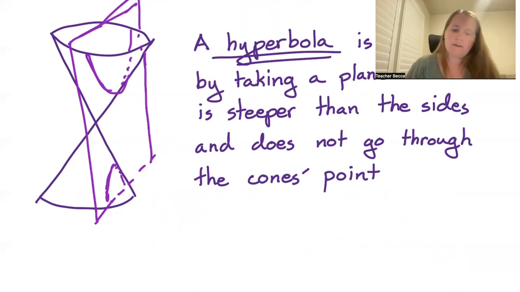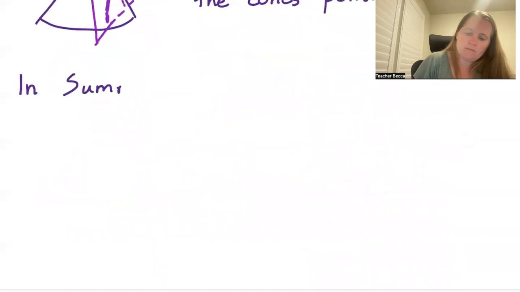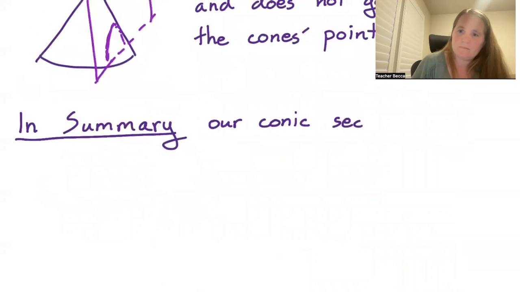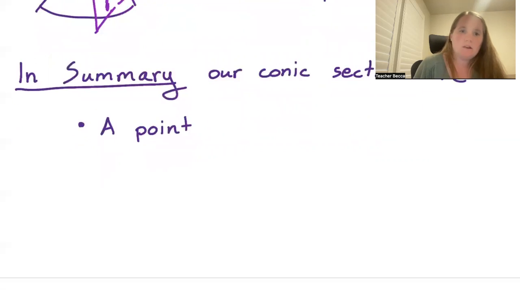Okay. So in summary, our conic sections are: we have a point. We can get a line.